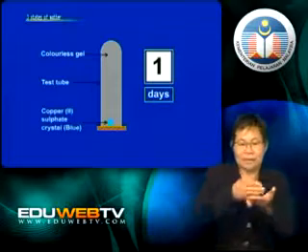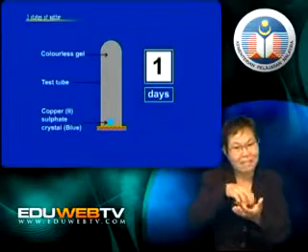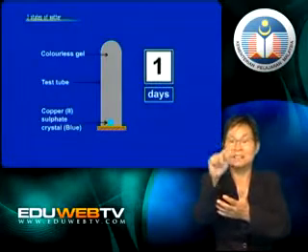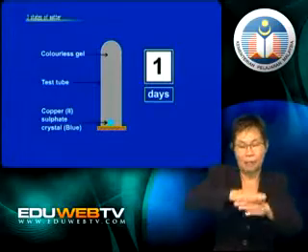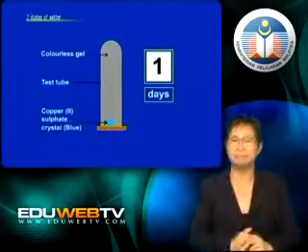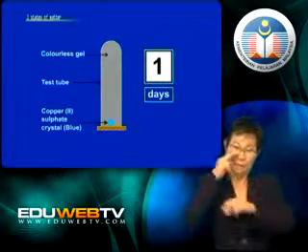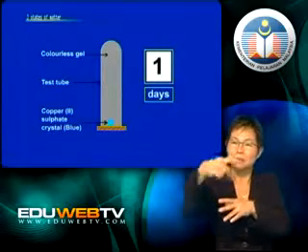Here is a test tube containing gel. A crystal of copper sulfate is placed in the gel. The gel is placed upside down and left for a while. Now we can see the blue color of copper sulfate spreads slowly into the gel.